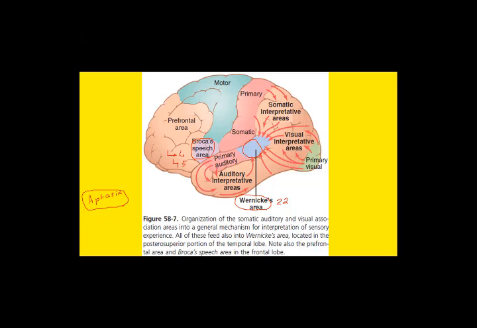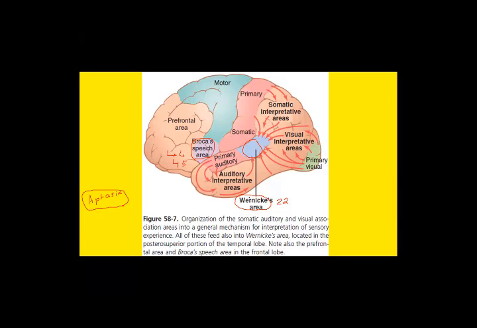Broca's speech area is also known as the motor speech area. If there is damage to the Wernicke's area, this will result in Wernicke's aphasia. Similarly, if there is lesion or damage to Broca's or motor speech area, this will result in motor aphasia or Broca's aphasia.